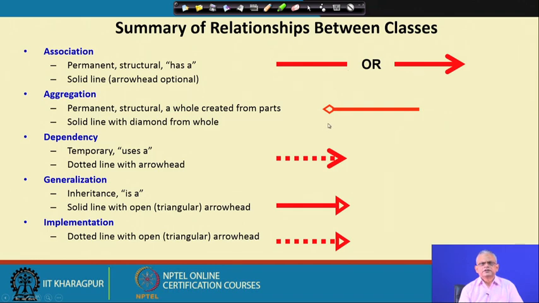Aggregation is a diamond with an arrow, and a dotted line with this kind of arrowhead is for a dependency. Generalization is an arrow with this kind of symbol, and then implements. Again here it is similar to a generalization inheritance relation, but here it is a dotted arrow.